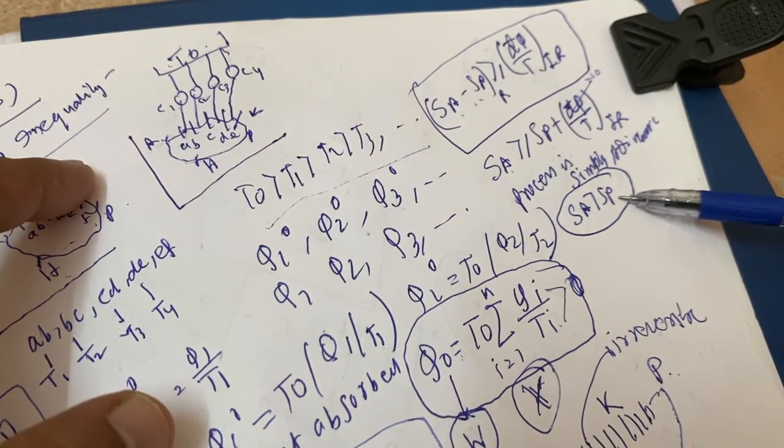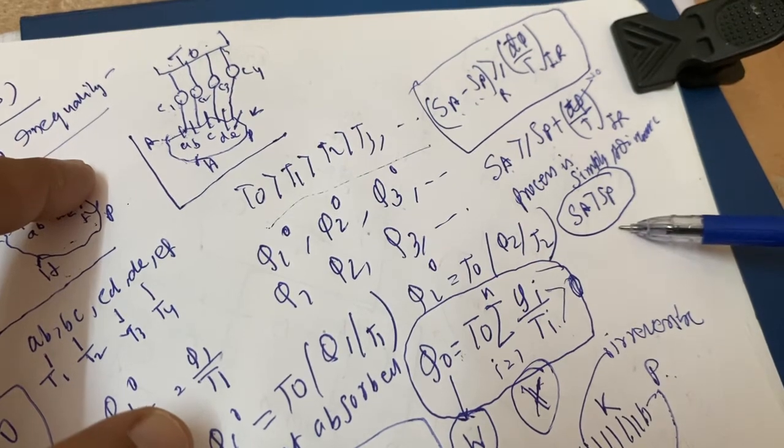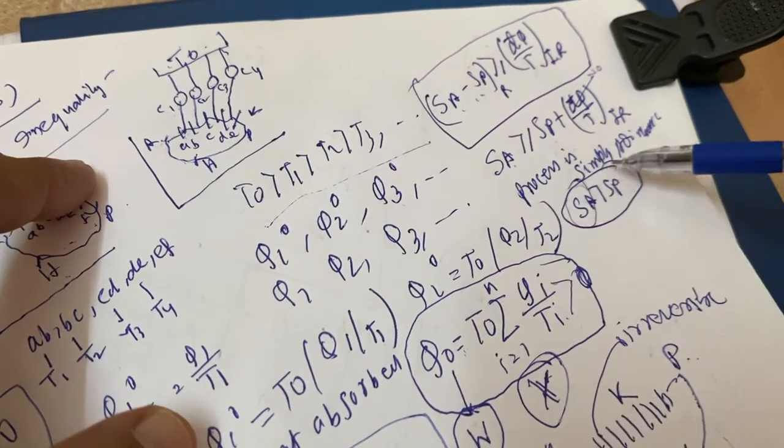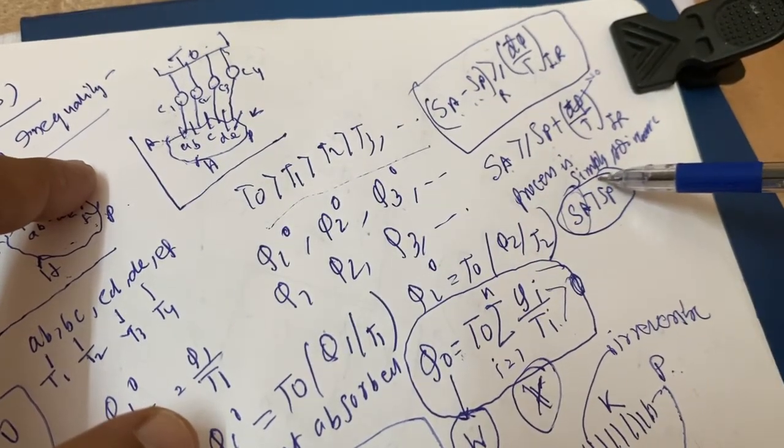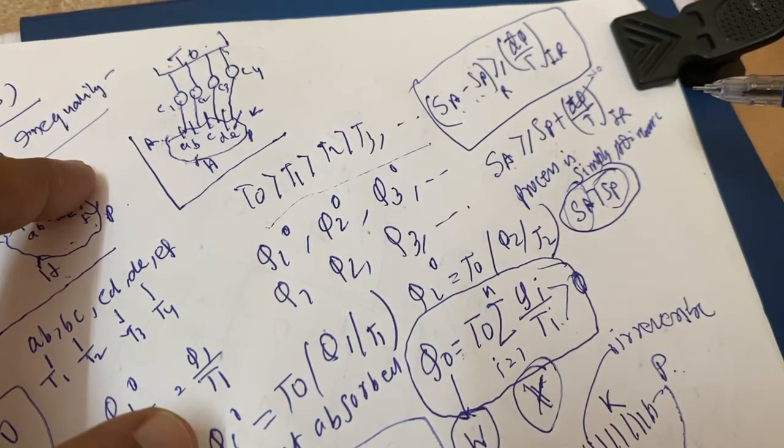The final entropy SA is greater than the initial entropy in an irreversible process.